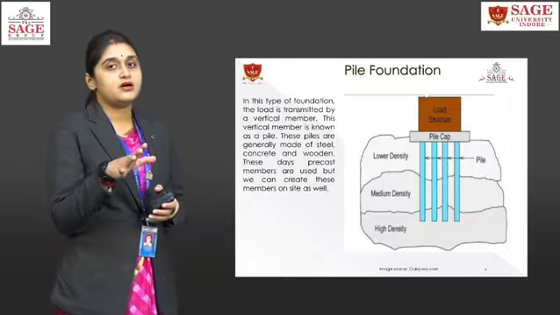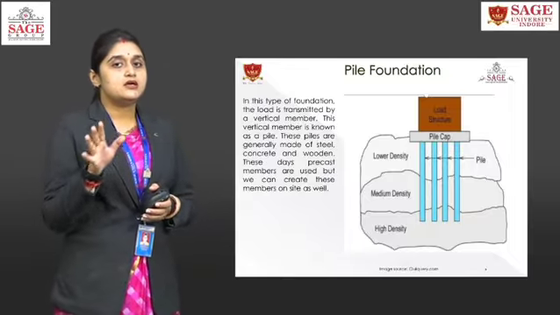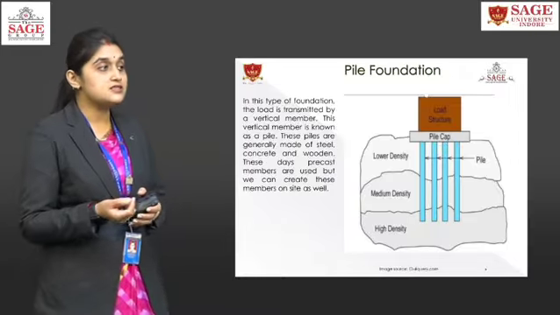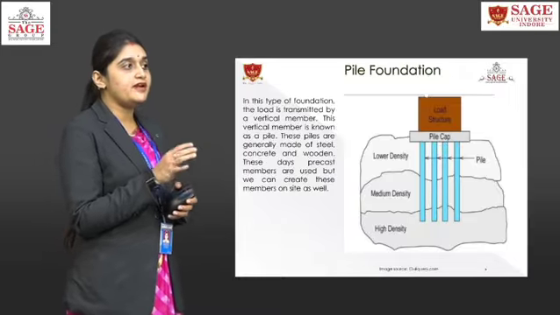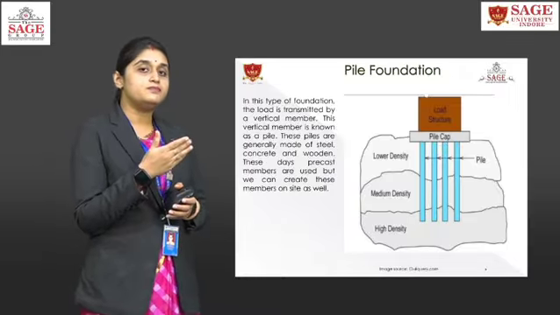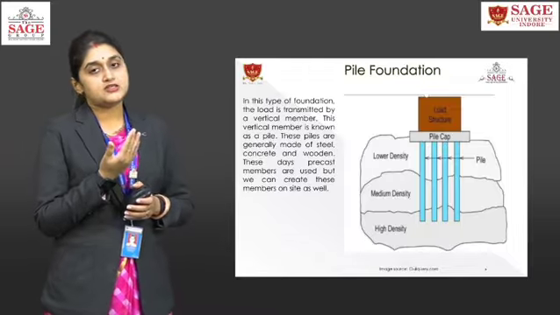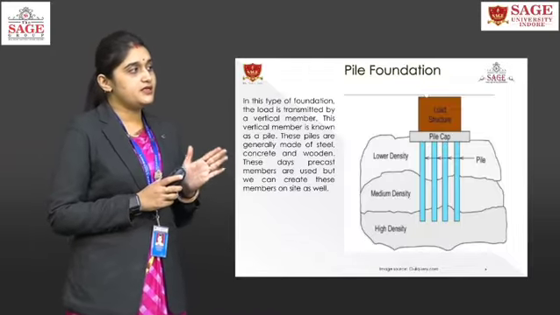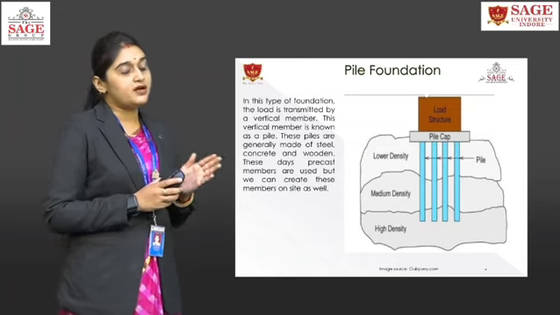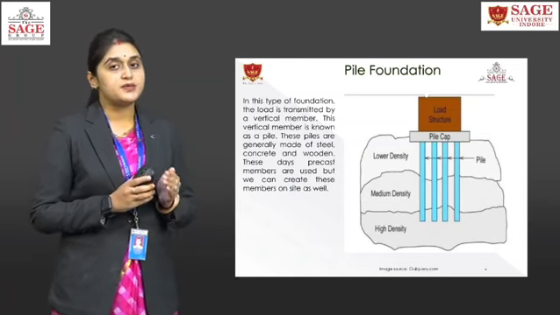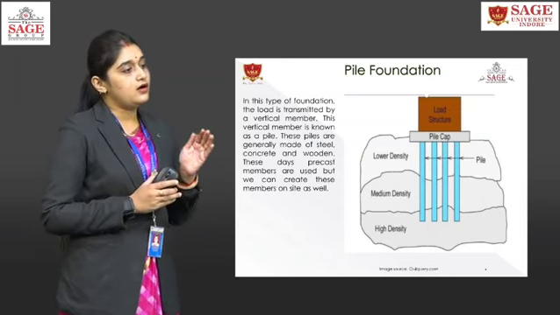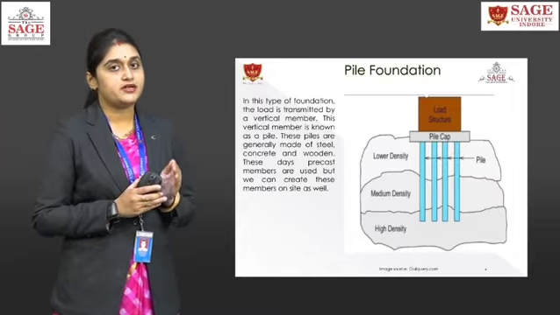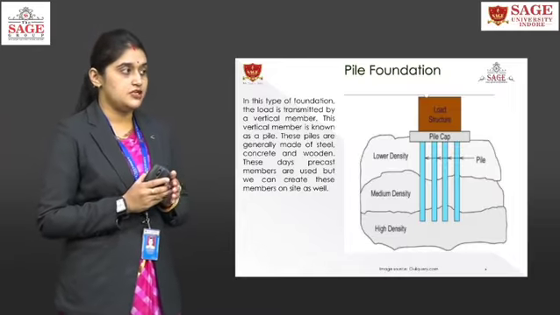I'm telling you this only as a nominal introduction to what exactly a pile is. A pile cap is provided, and on that plane surface, the load of the structure is transferred. So basically a pile foundation is a vertical member which is responsible for transferring the load to the high density soil, or to a stable condition of soil.